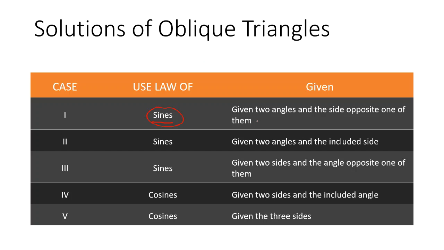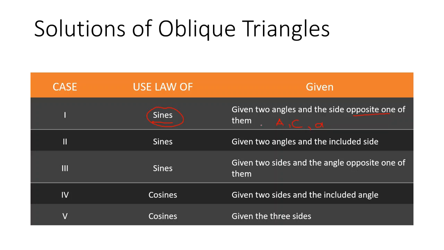So there are two angles given and the opposite side of either of the angles given. For example, if the given angles are A and C, the opposite side of either one is either A or C.